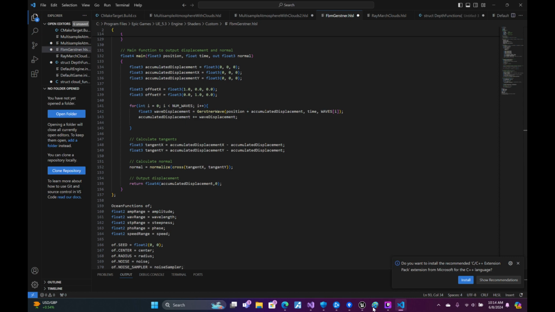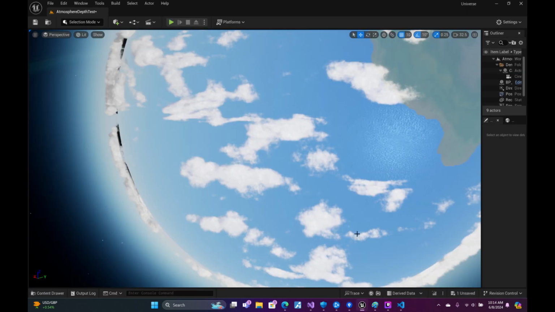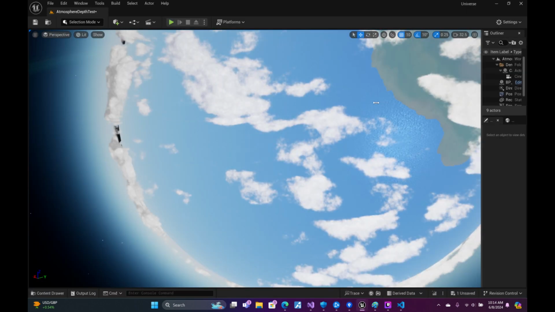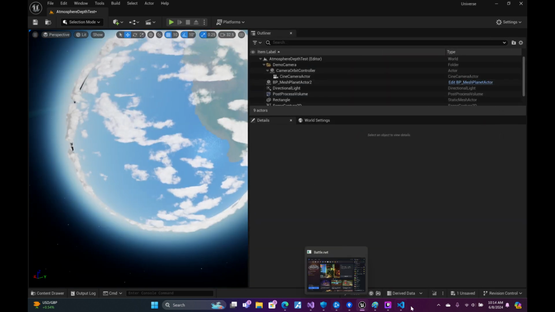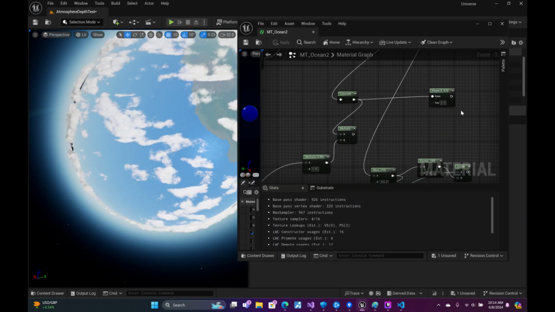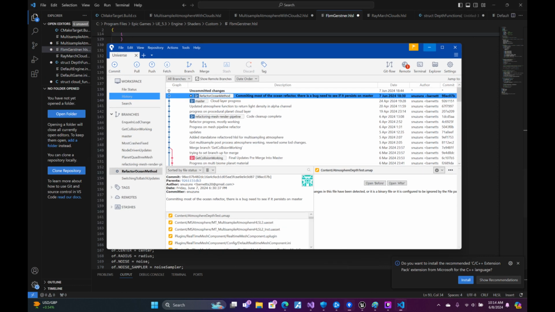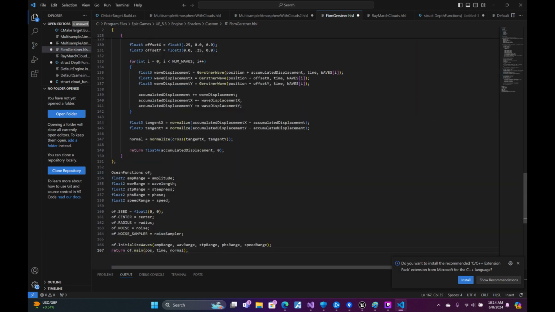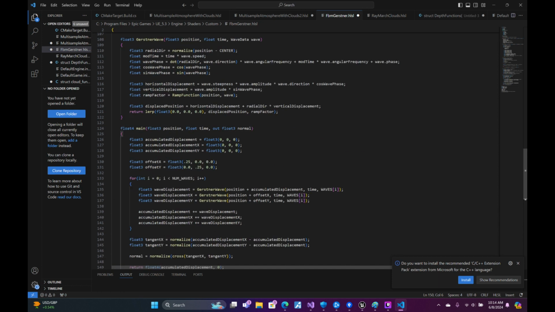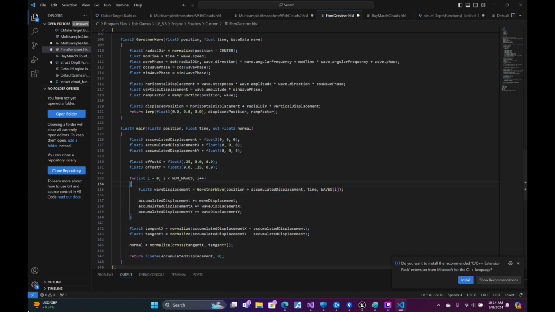Let's just grab our existing function and paste it in here so we're sure we're working in the same context. Okay. So we're not going to do it like this anymore. Num waves.